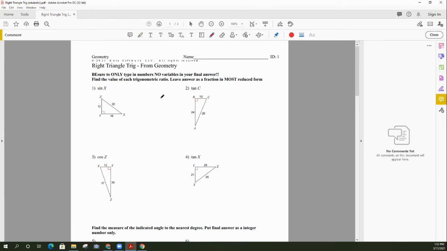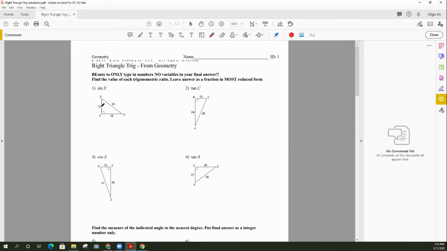All right, so the first four questions ask us to write the trig ratio for the correct angle here. So sine x, if you use SOHCAHTOA, sine is opposite over hypotenuse.